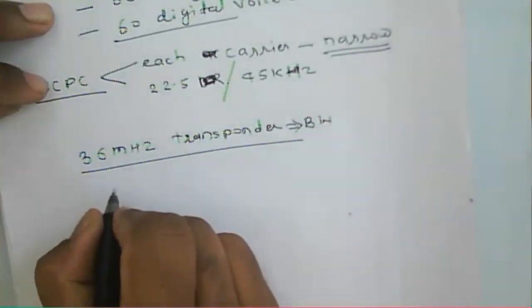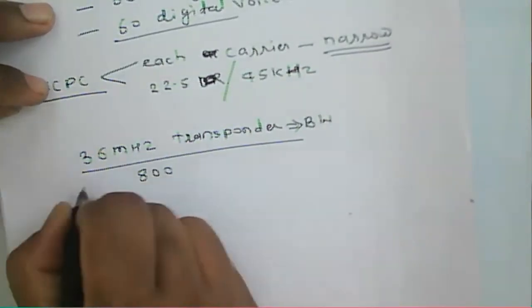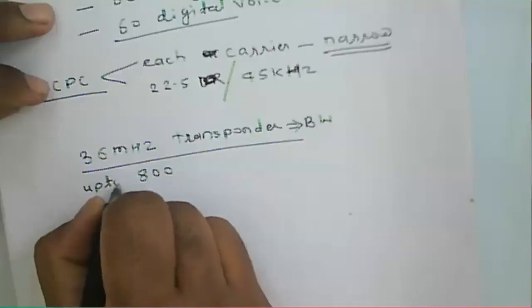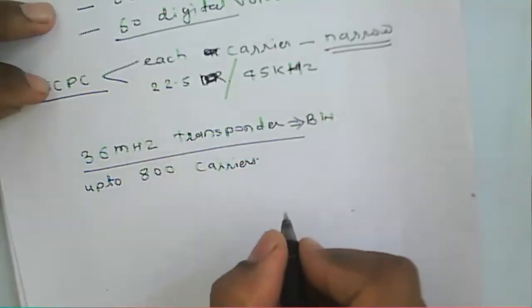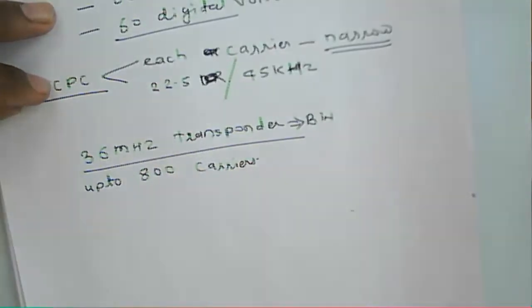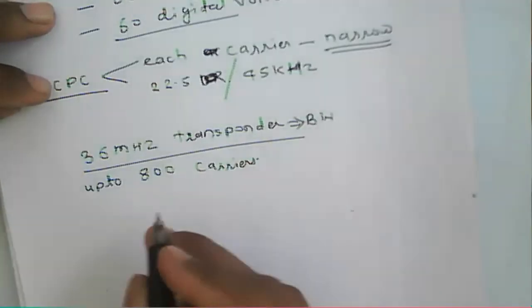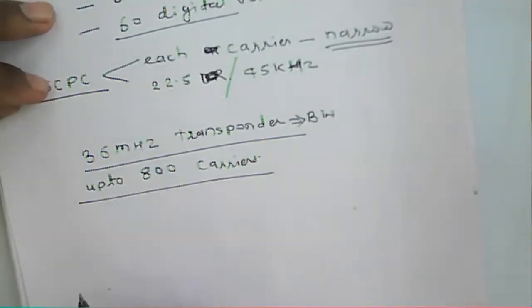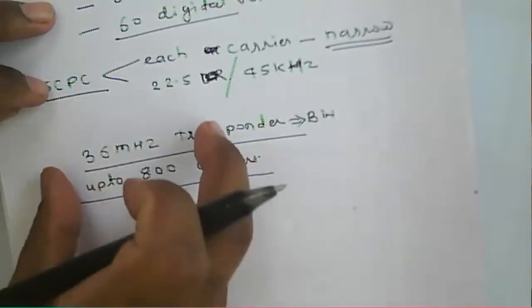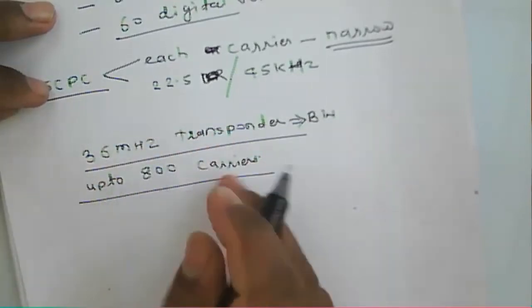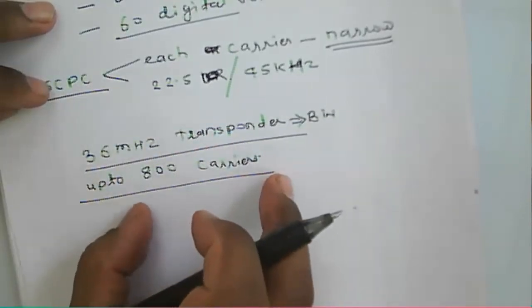Then it can support up to a maximum of 800 carriers. So for this 36 megahertz of bandwidth, it will support up to 800 carriers.